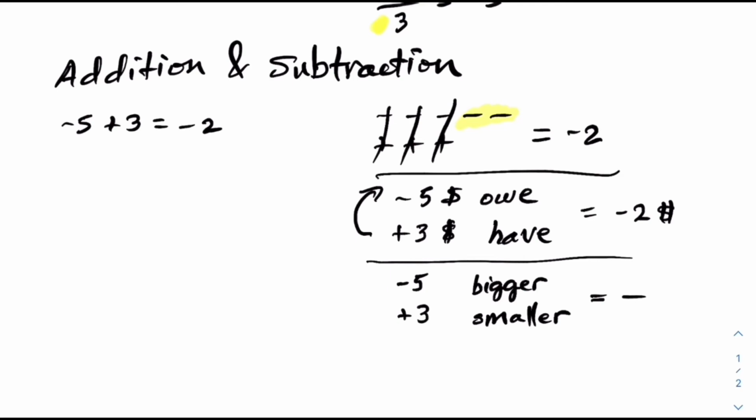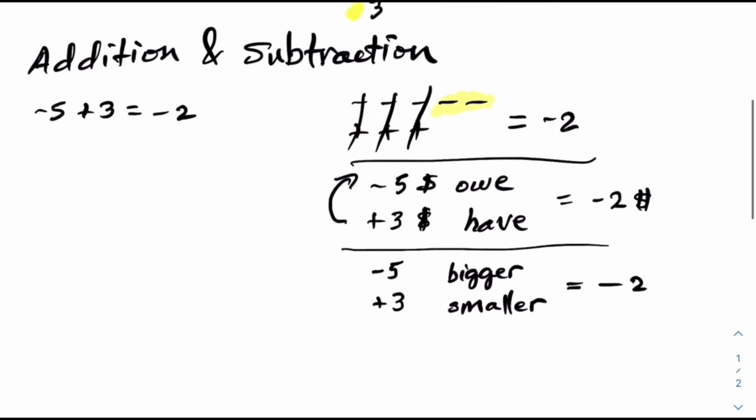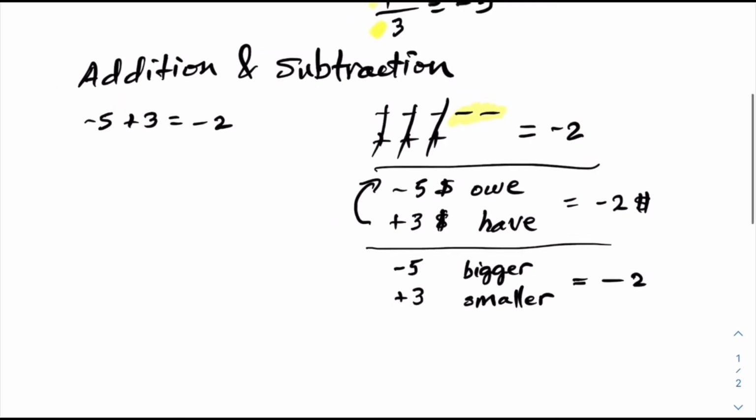So the winner is negative. And it wins by how much? Well, it wins by the difference between 5 and 3. So the difference would be 2. So those are the 3 perspectives that you can use when you're working with addition and subtraction with positive and negative.